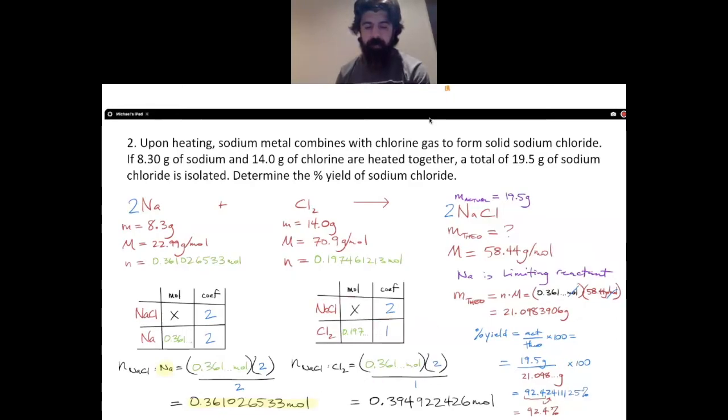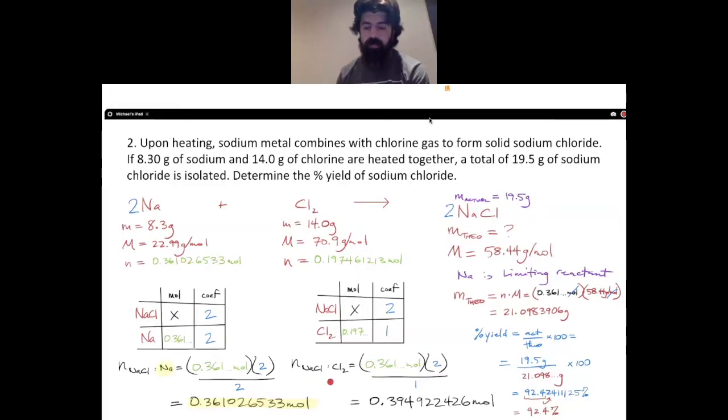So anyhow, we want to see how much possible NaCl sodium will make, how much NaCl chlorine will make. And that's what the two tables here are. Notice my unknown is sodium chloride. So I take the number of moles from here, and it's a 2-to-2 ratio. So the number of moles don't really change, okay, between Na and NaCl.